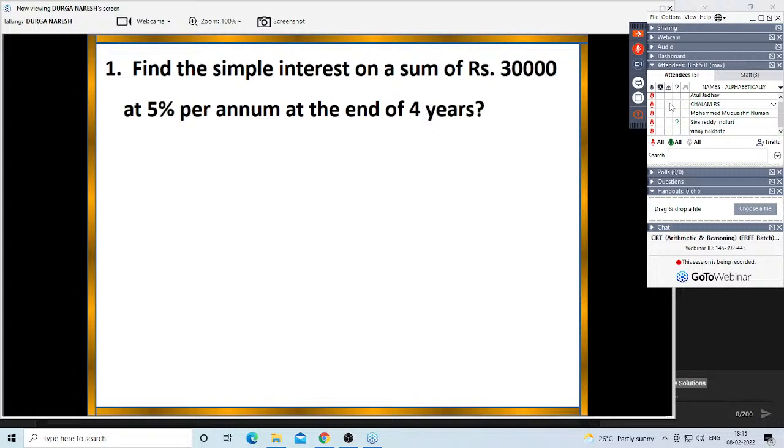Find the simple interest on a sum of 30,000 rupees at 5% per annum at the end of 4 years.